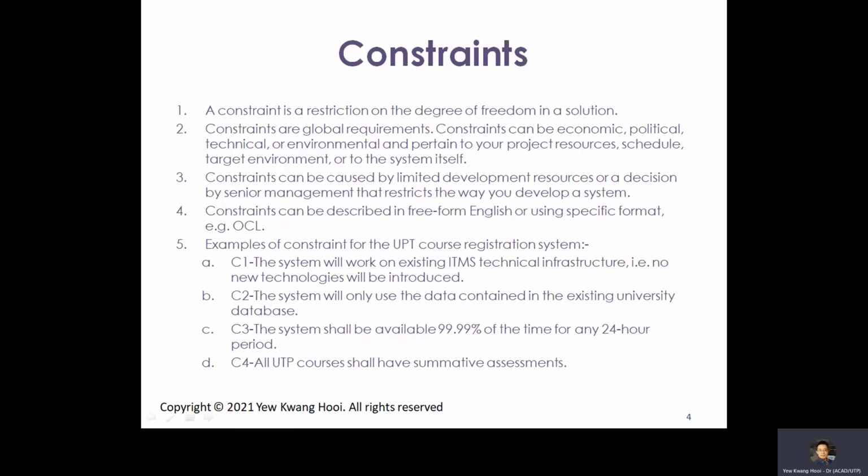5C, constraint 3. The system shall be available 99.99% of the time for any 24-hour period. Now, this one is interesting because it does look like quality. It is true that sometimes a constraint can be quite similar to a non-functional requirement or quality, because the quality will be the constraint for the workability of the system.